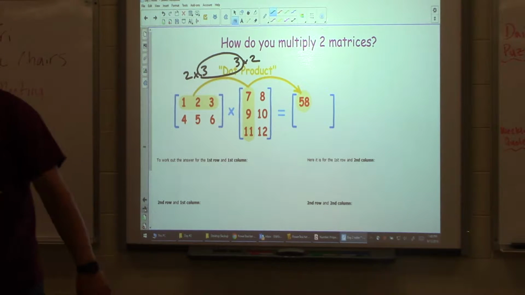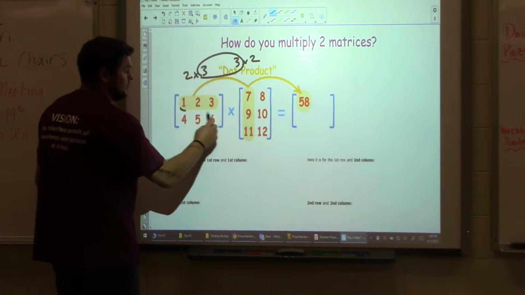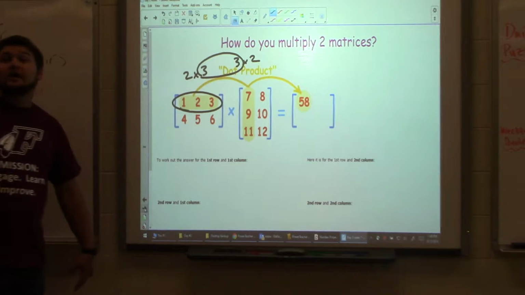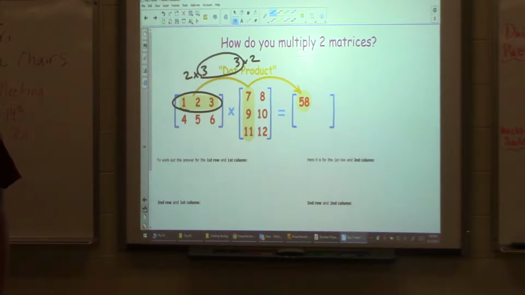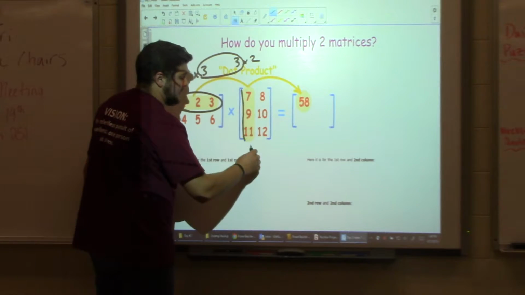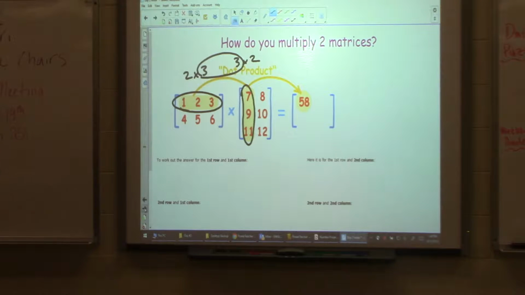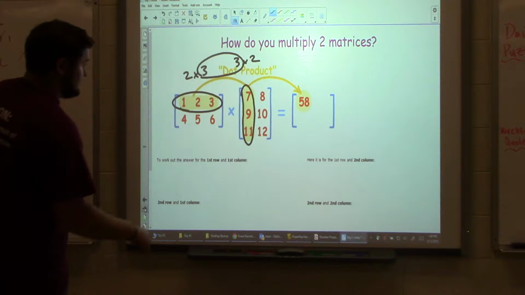What we do is called the dot product. In your first matrix, you take a whole row, and we always take rows from our first matrix. We multiply using the dot product by a column from our second matrix. So rows from the first matrix, columns from the second matrix.